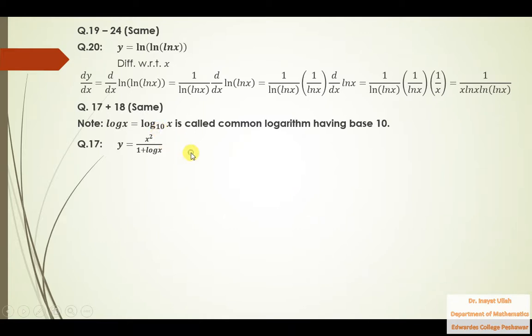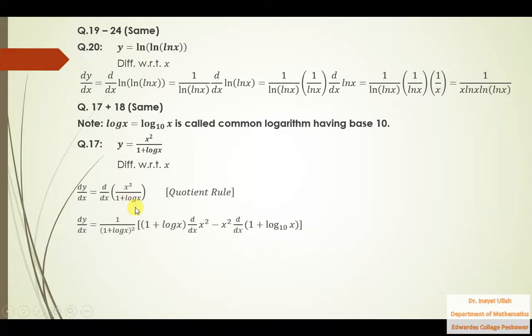So differentiating this function with respect to x, that is the quotient rule. Applying the quotient rule: 1 by denominator square into denominator into derivative of numerator minus vice versa, I mean x square into derivative of the denominator.